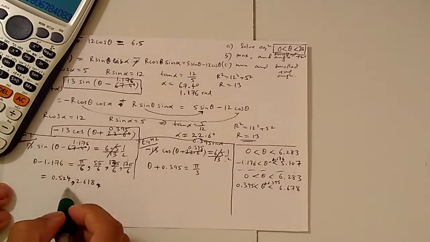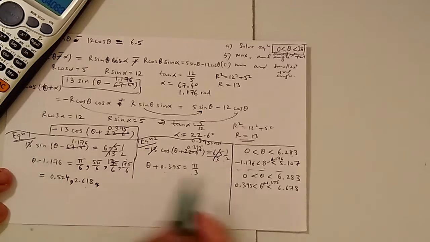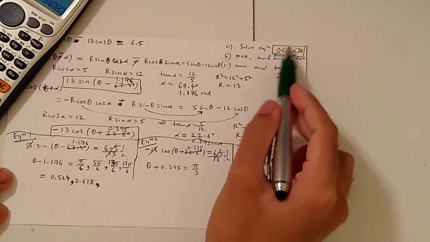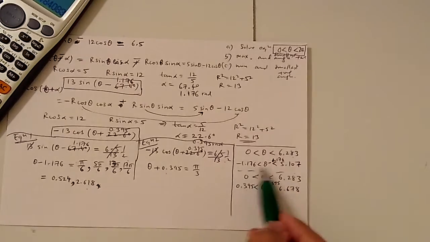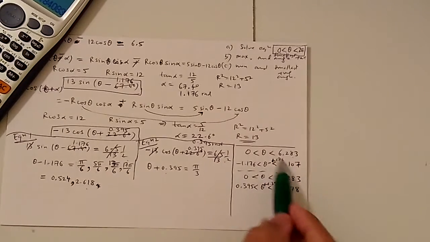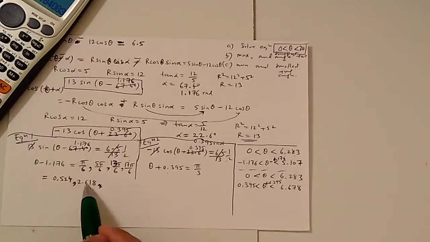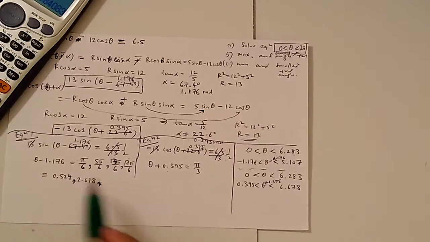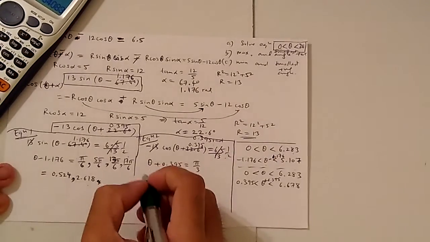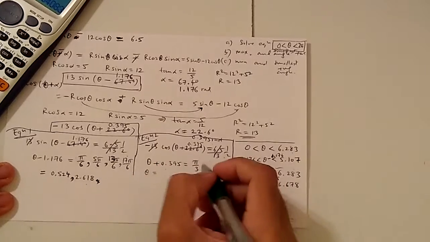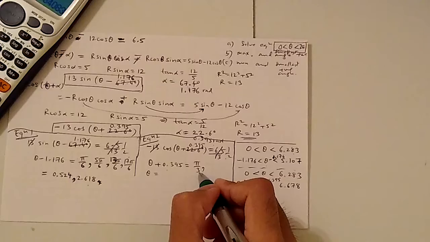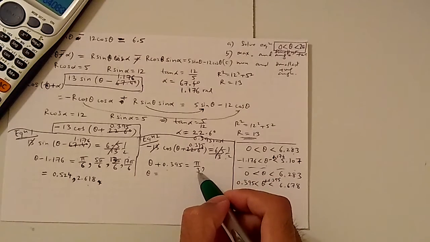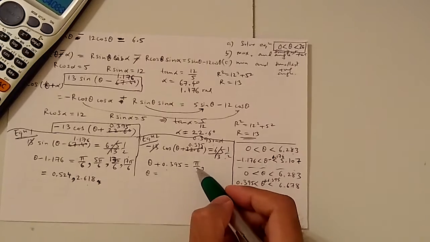So you get 2 answers, which makes sense because we actually have 1 period. The overall range was 1 period. Over here you did not multiply by anything, you just added and subtracted, so therefore our range is still 1 period, and therefore you should get only 2 answers. So 0.524, 2.618. Over here, let's continue this answer, pi by 3. The second answer is going to be 2 pi minus this answer.